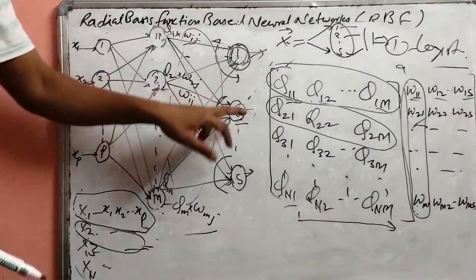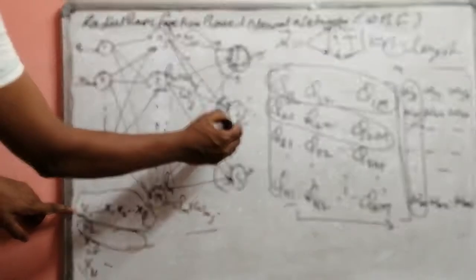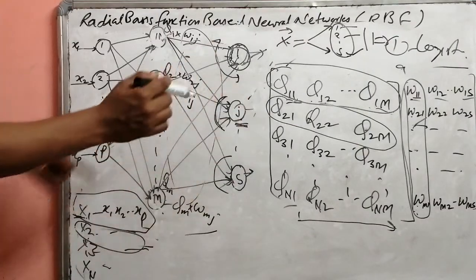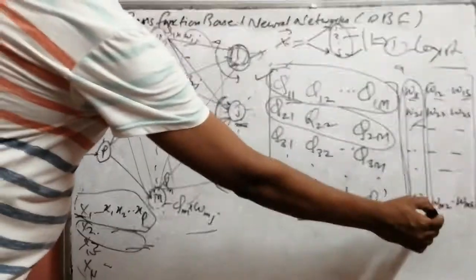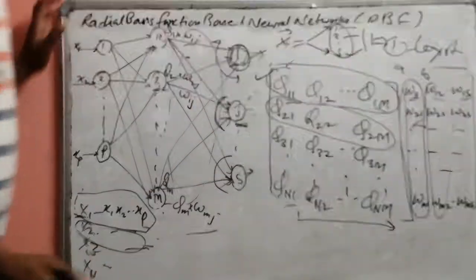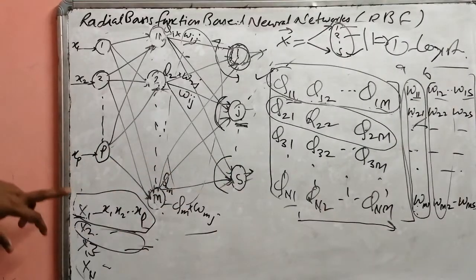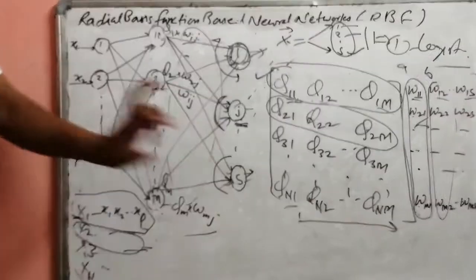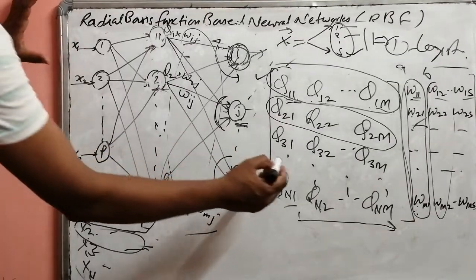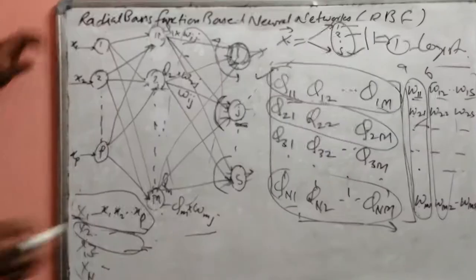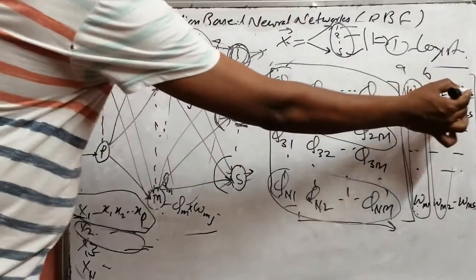Then again the belongingness of this first pattern with the second cluster will be calculated by multiplication of this row with the second column. Let it be b, and the relationship of the first pattern with the sth cluster will be declared by multiplication of this first row with your sth column.